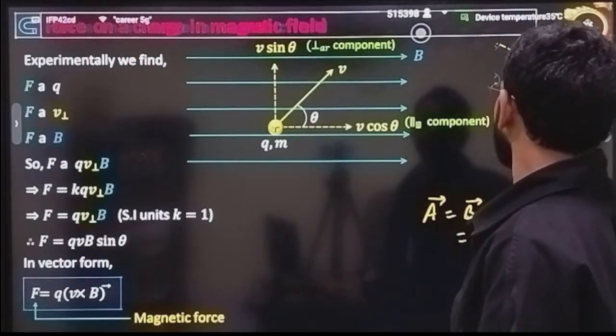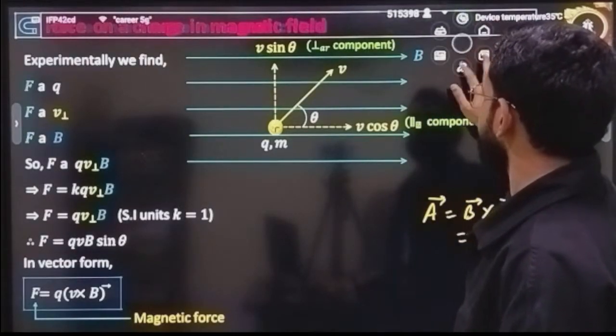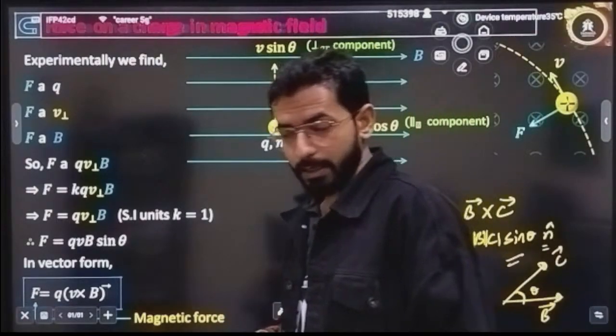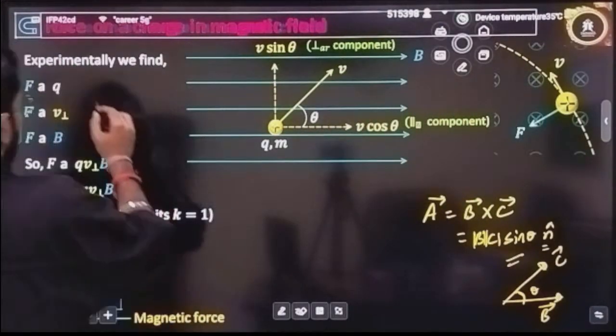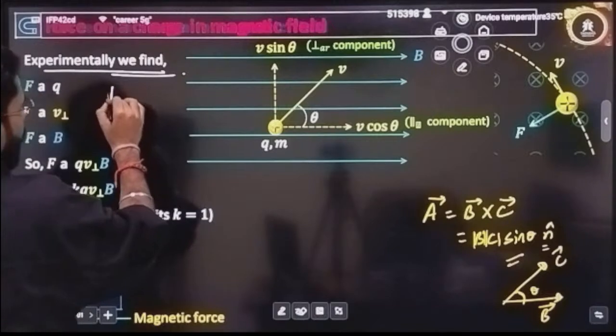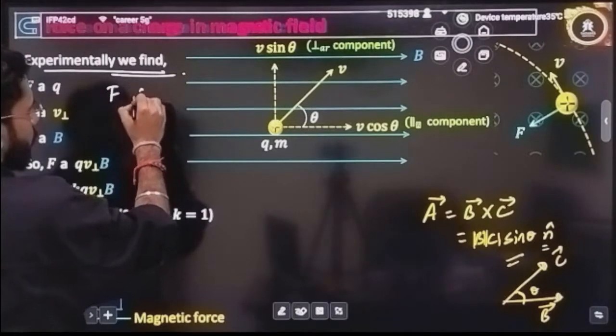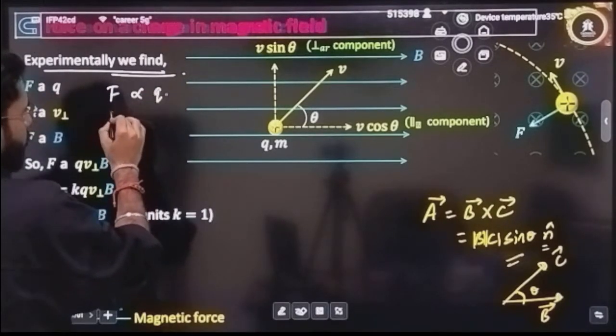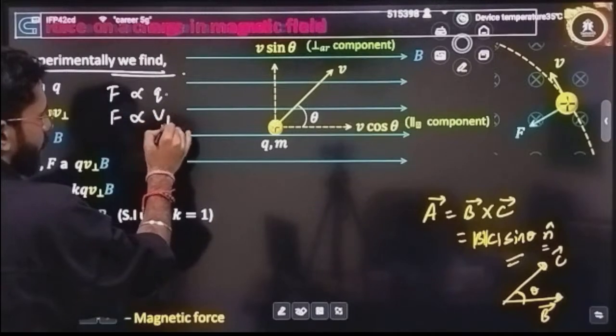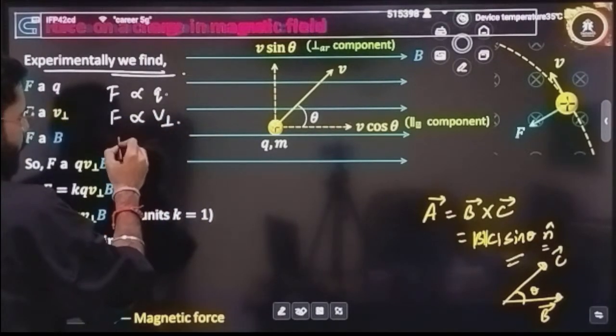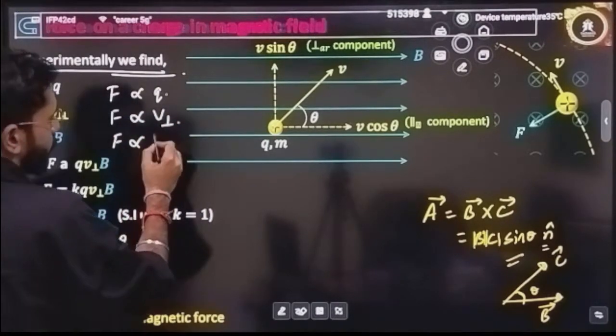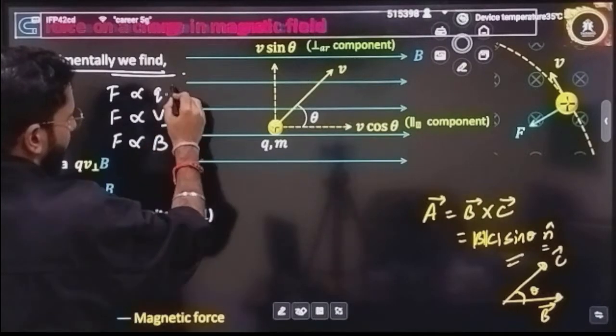Now come to the magnitude. Okay sir, fine, it is not changing the velocity, but how much force is acting? Let's discuss that also. Experimentally this data is calculated. The force was directly proportional to the perpendicular component of velocity, and directly proportional to the magnetic field as well.